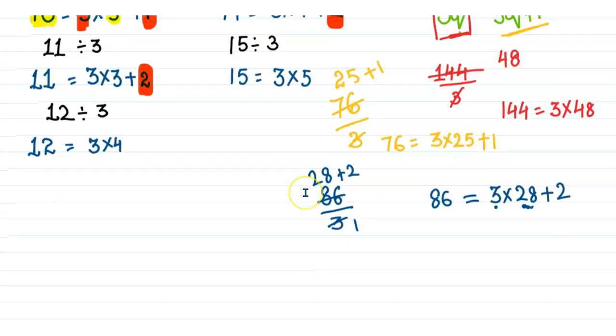Let's take another divisor. Let's take the number 6. Let's think of a number 36, which is a multiple of 6. Now 36 can be written as 6 times 6, where 6 is the divisor and 6 is the quotient and 36 is the dividend.